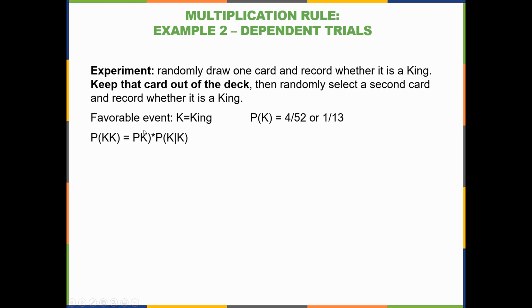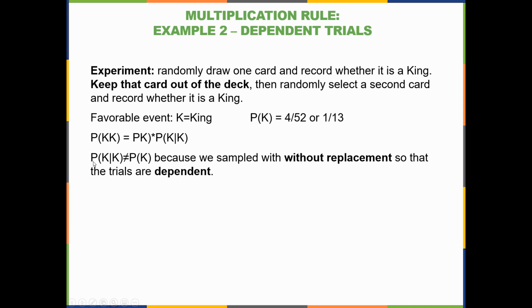We're missing a parenthesis here, but it should read P of K times P of K given K. So here, the probability of a king, given that we've already had a king, is not equal to the usual probability of getting a king, right? So this probability right here will not be equal to 4 out of 52.